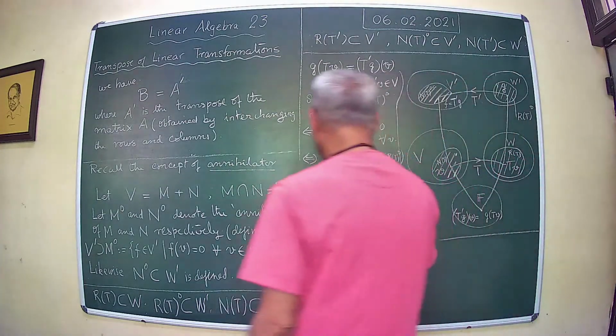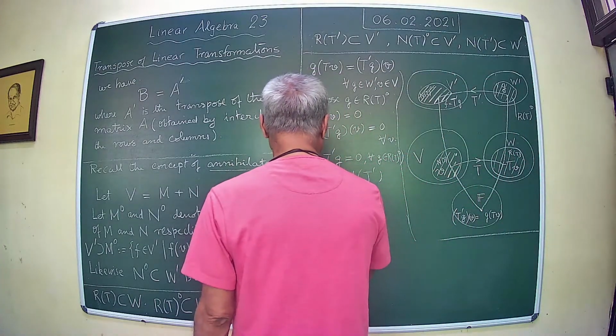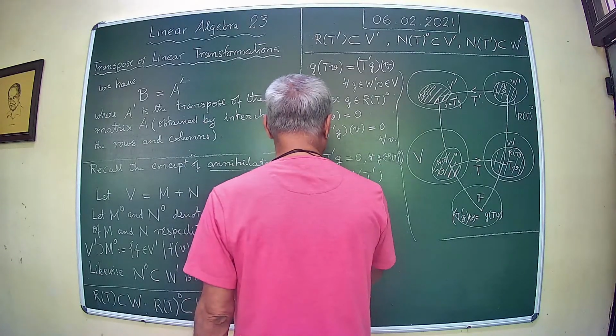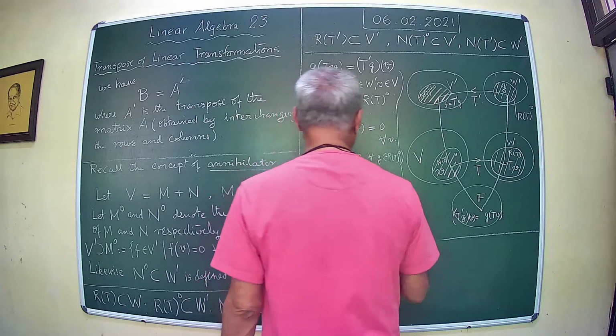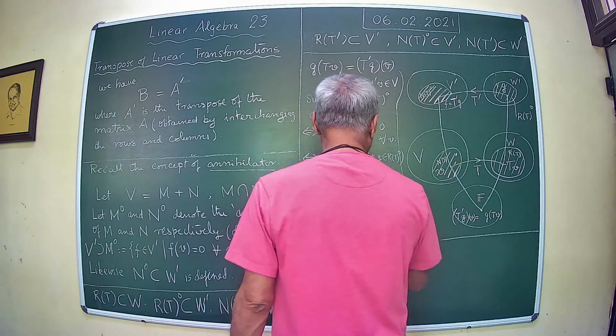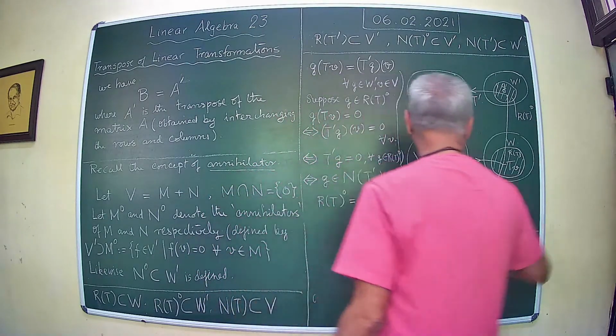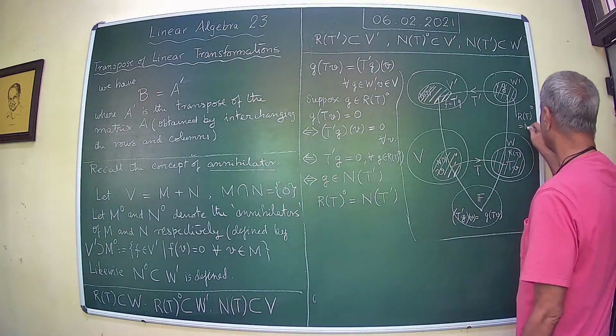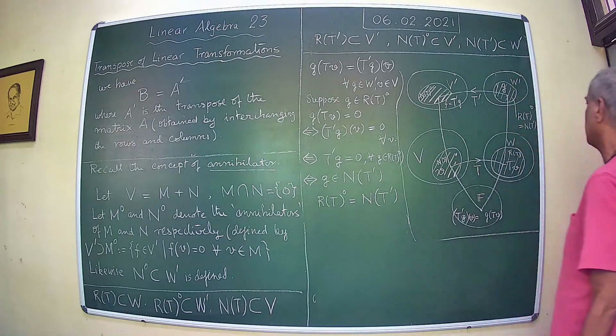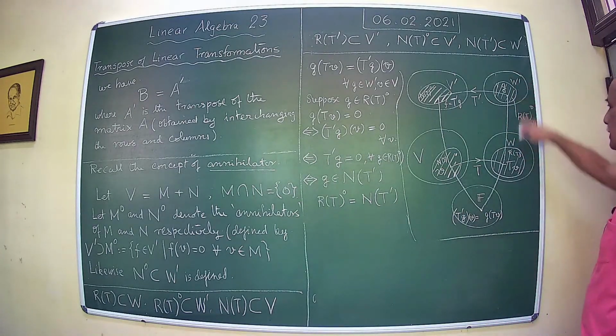Therefore, we have the connection between them. So the annihilator of RT is equal to the null space of T prime. Okay, so that's the connection that you establish.